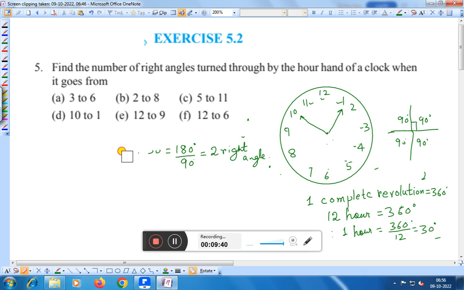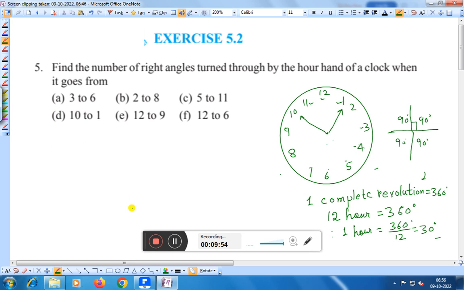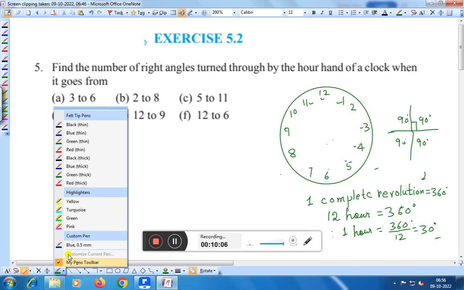Now, question number E. What is question number E? If it goes from 12 to 9, then what will we find?